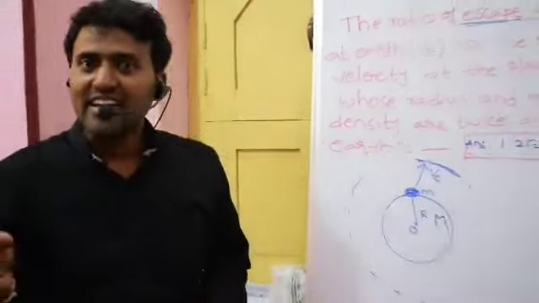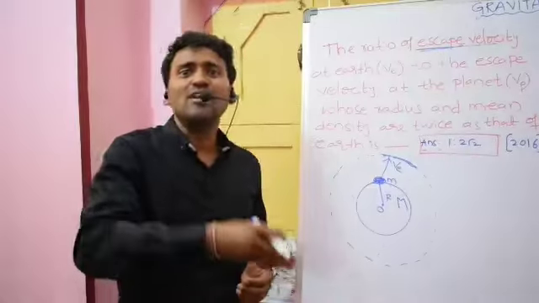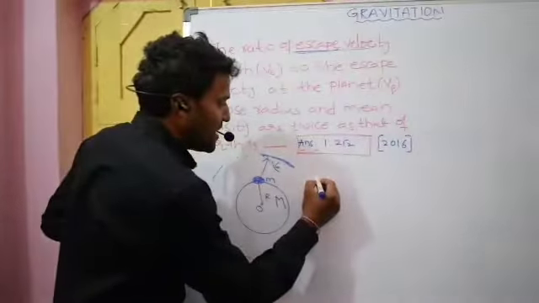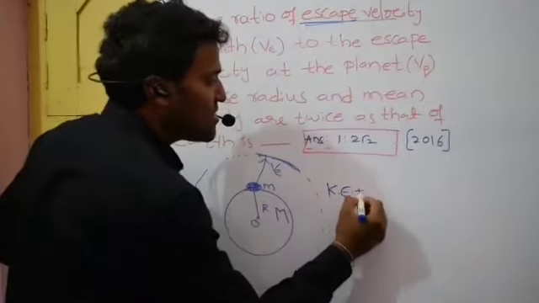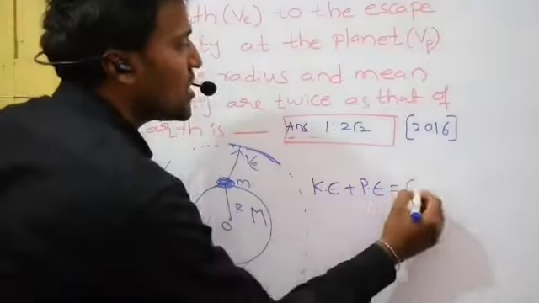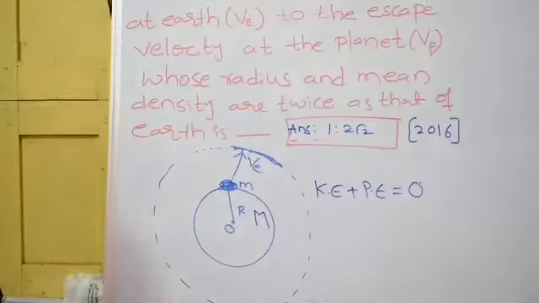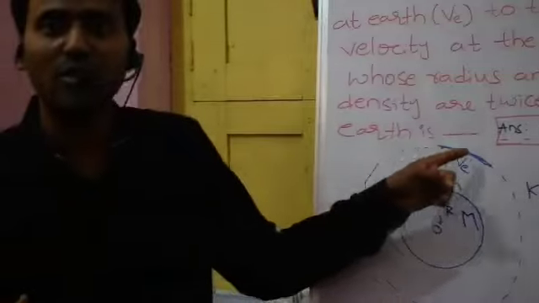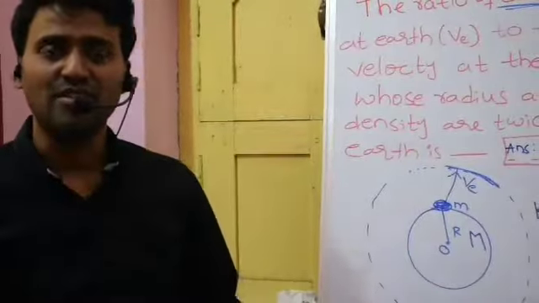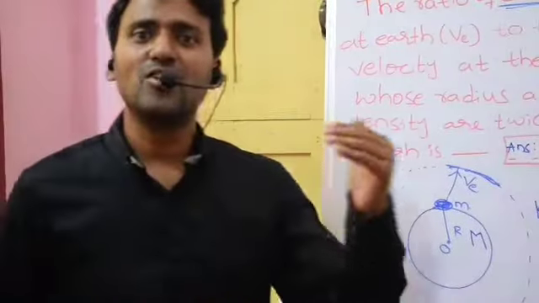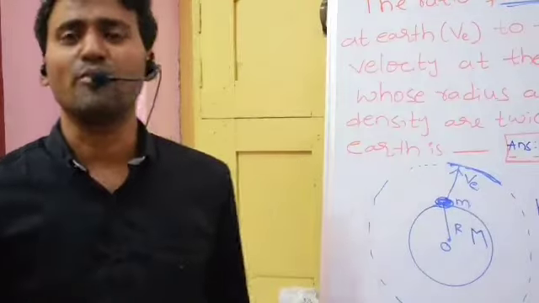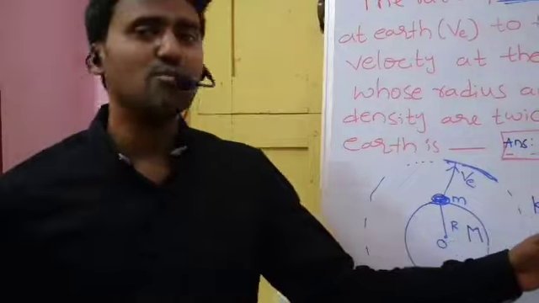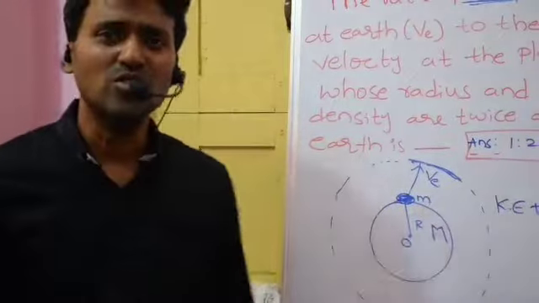So here kinetic energy is converting into potential energy. At that moment, the total energy becomes 0. So kinetic energy plus potential energy is equal to 0.